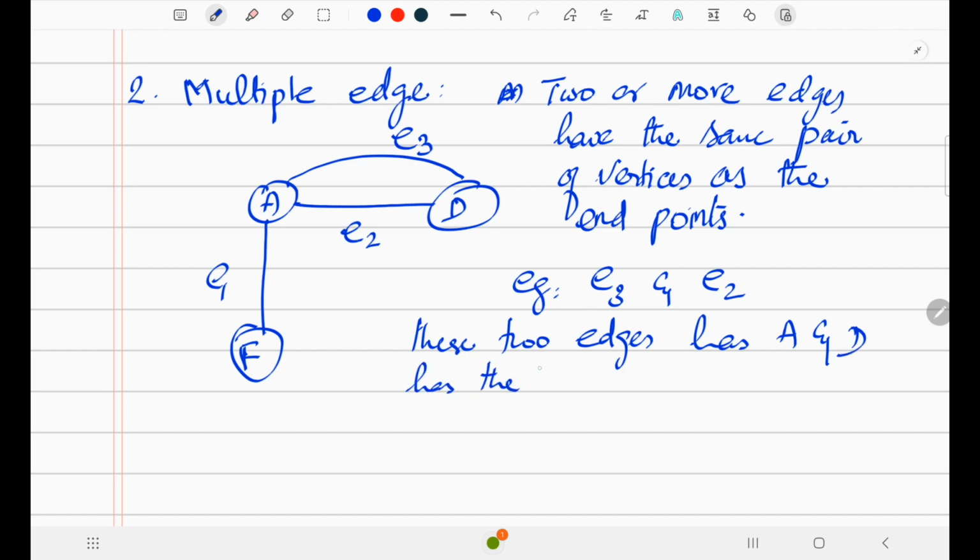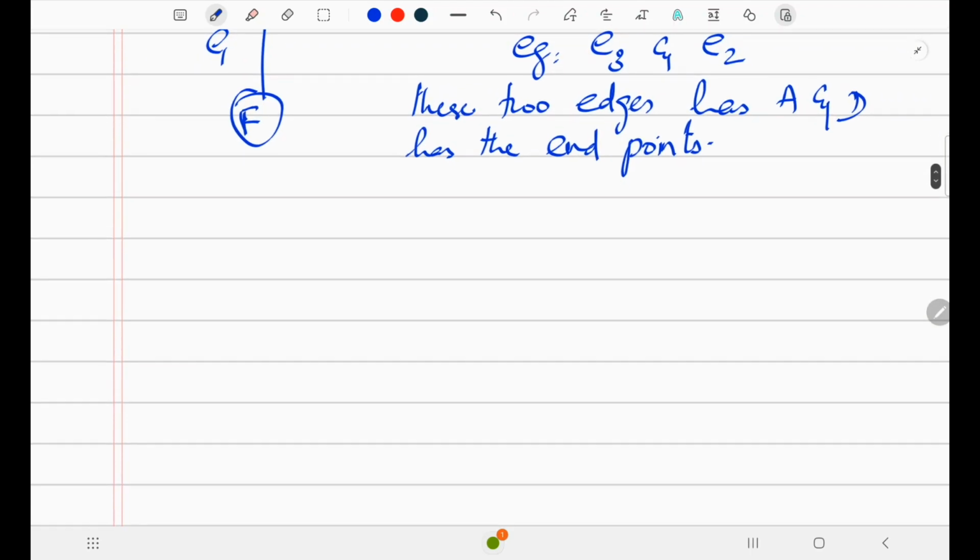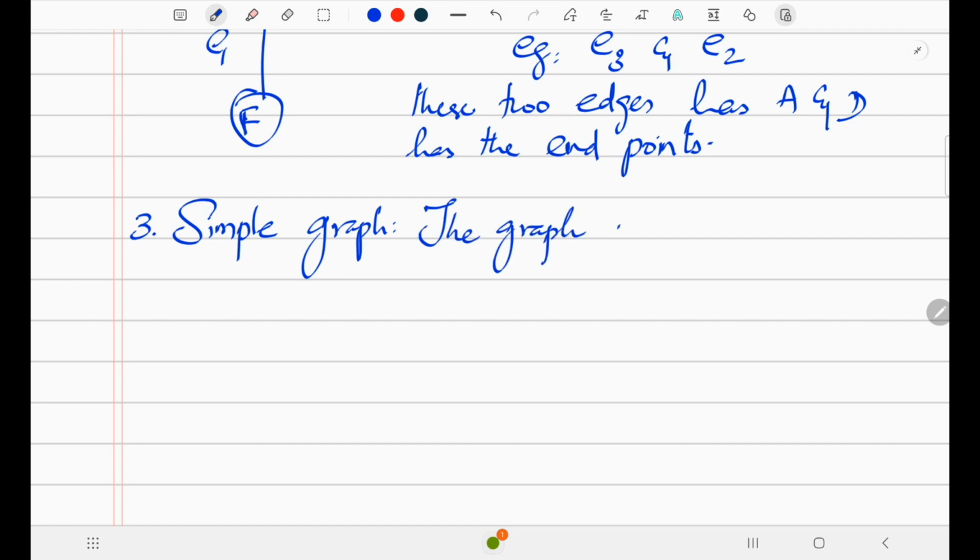And the third one is the simple graph. The definition of a simple graph is so simple. A graph which has no loops and no multiple edges is called a simple graph. That means you can't see any loops or any multiple edges in the graph.